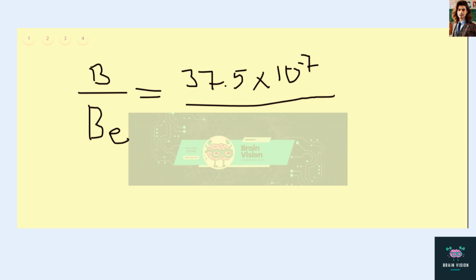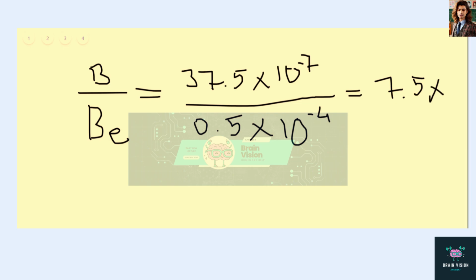So B should be in Tesla, and B_E, which is the magnetic field of the Earth, should also be in Tesla. That is the reason we converted the Earth's magnetic field into the units of Tesla, which was 0.5 times 10 to the power of negative 4. And if we solve this, we'll get the answer to be 7.5 times 10 to the power of negative 2.